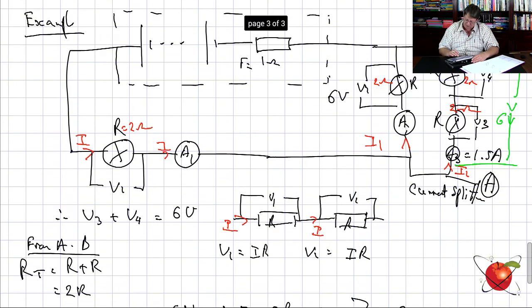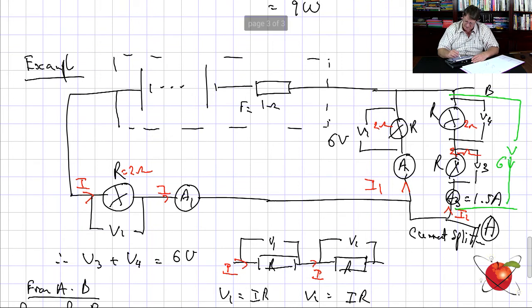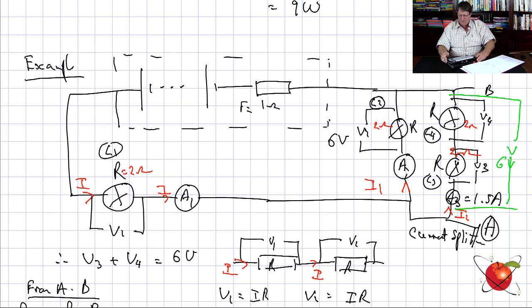Let me just check that I called that lamp 2. I didn't. Let's call this lamp 1, lamp 2, lamp 3 and lamp 4. All right. Okay, across lamp 2, which is the one on its own up here.